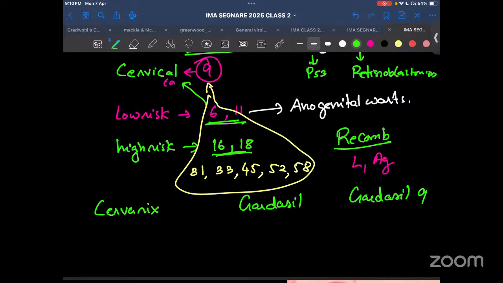Cervarix contains 2 serotypes, the high-risk serotypes 16 and 18. Gardasil contains 6, 11, 16 and 18, 4 of them. And Gardasil 9 contains all 9 serotypes. The L1 antigen of all 9 is there in Gardasil 9.